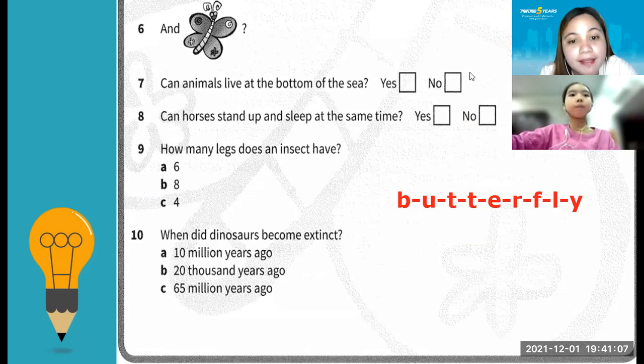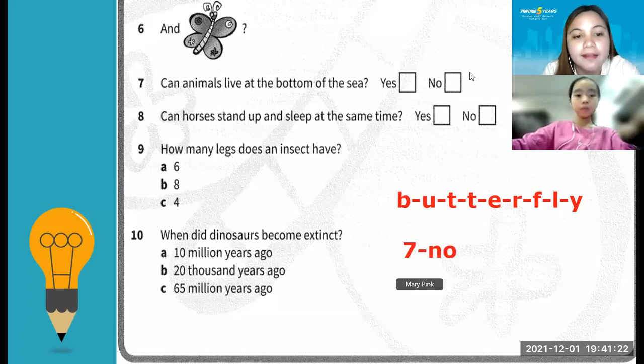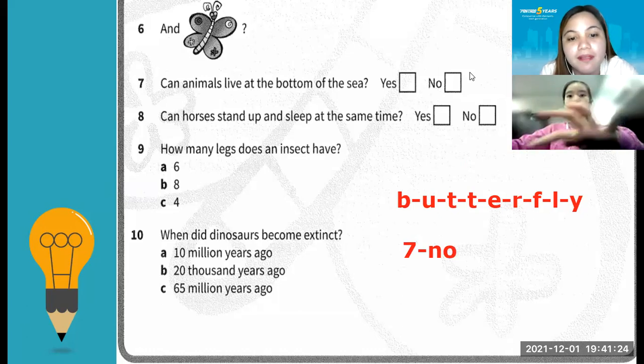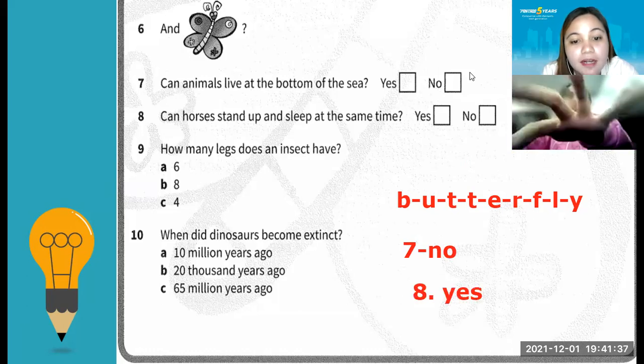Can animals live at the bottom of the sea? Is no. Number 8. Can horses stand up and sleep at the same time? Yes. Next, how many legs does an insect have?